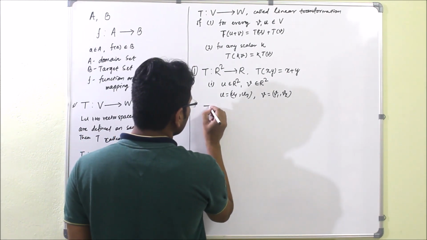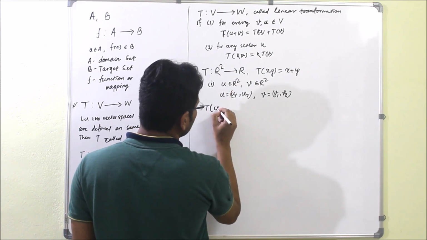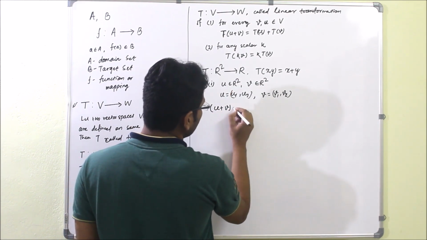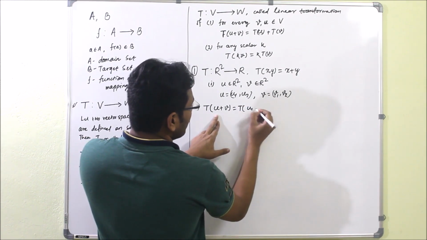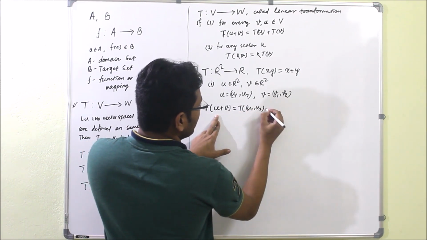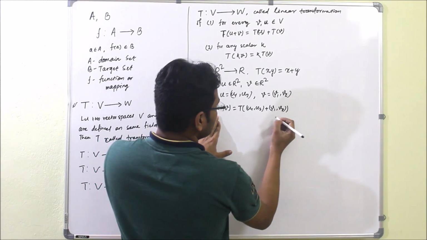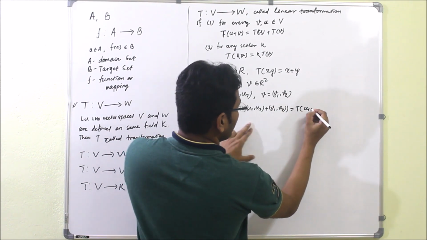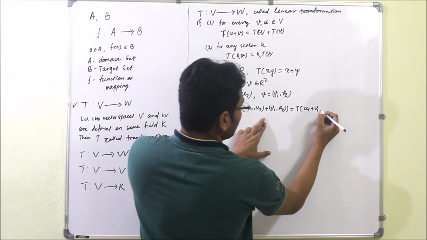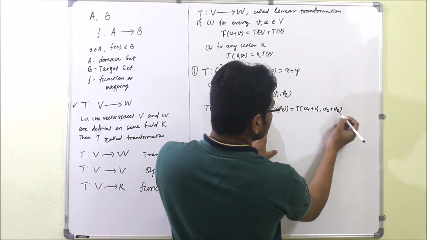So first we take T of u plus v. T of u plus v is T of (u1, u2) plus (v1, v2), which is T of (u1 plus v1, u2 plus v2).